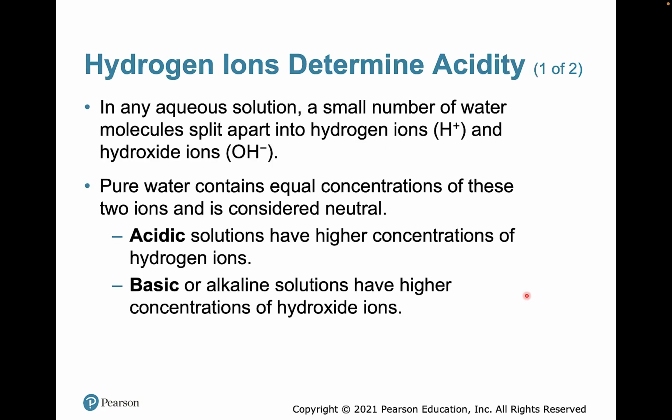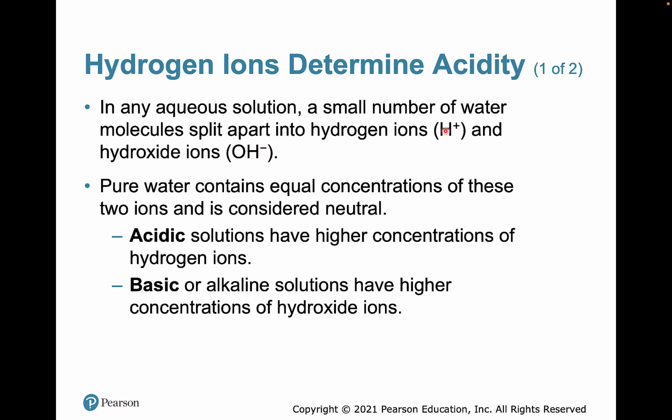Okay, we need to talk about pH before we get into ocean acidification. In any aqueous solution, this is as deep as we're going to get in chemistry, water molecules will split into hydrogen and hydroxide, okay? Pure water, H2O, has an equal concentration of hydrogen and hydroxide, right? Because water is H2O.